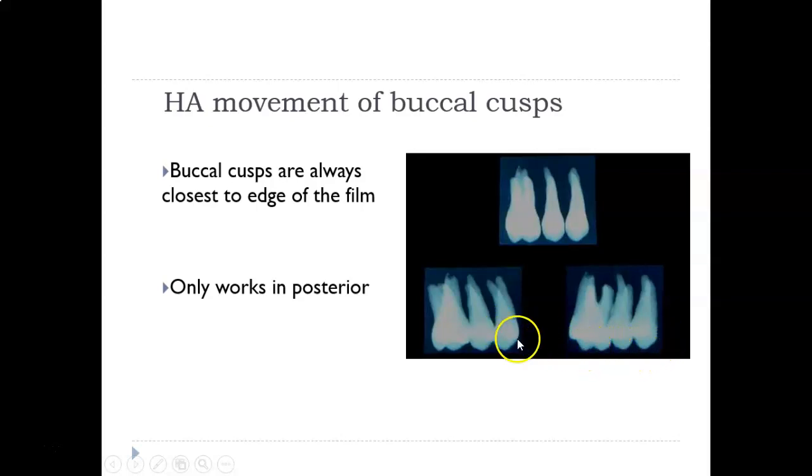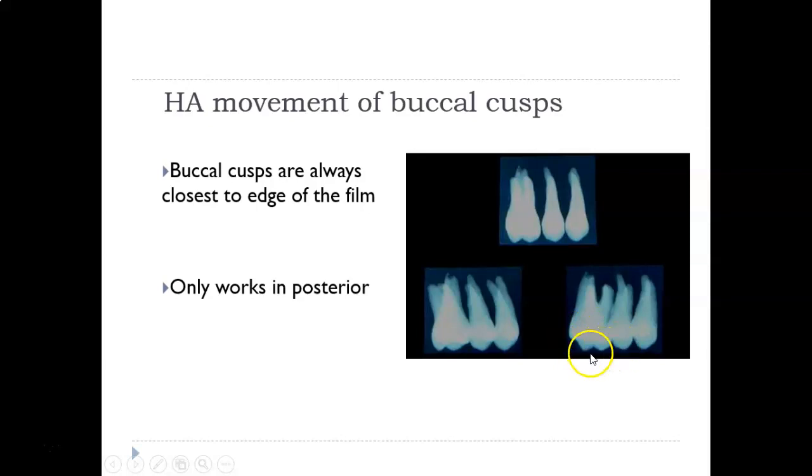So if you look at the direction of which way the buccal cusps are going, if we use this middle one as our baseline, the cusps are pointing straight down. Over here the beam was angled more distally, and now the buccal cusps are all pointing more distally. Over here the beam is heading more mesially, and now the buccal cusps are more mesial in comparison to the lingual cusps, which are higher up here.